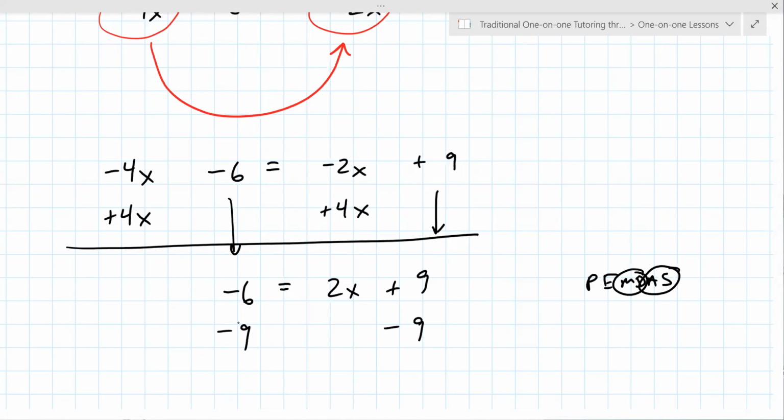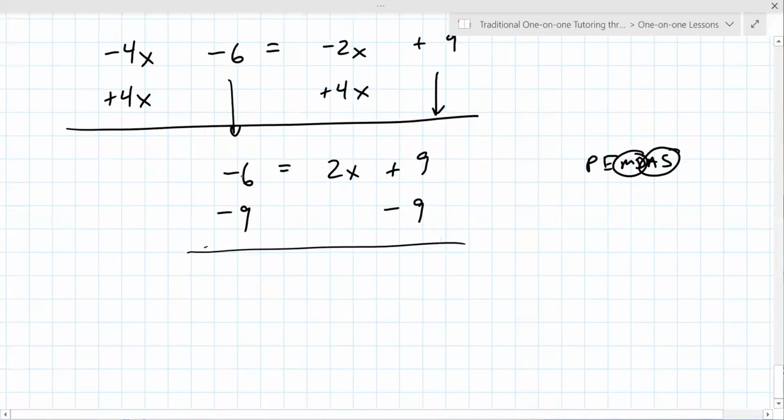So it's -6 minus 9. It's like you owe someone $6, then you borrow even more money. Yeah, -15. And then you don't add the 0, you don't have to write it.